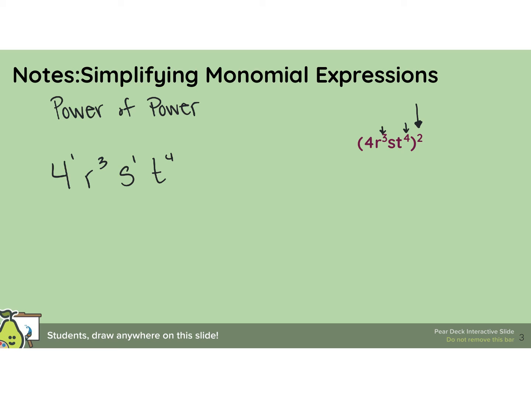Now, all of these letters and numbers and variables are also all being raised to the power of 2. So what does that mean? That means we need to multiply all of the exponents by 2. So when you have a power of a power, that means you multiply the exponents together.